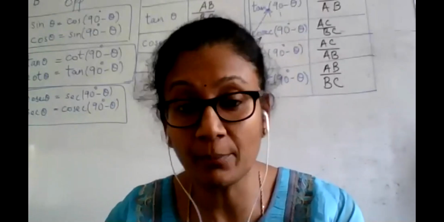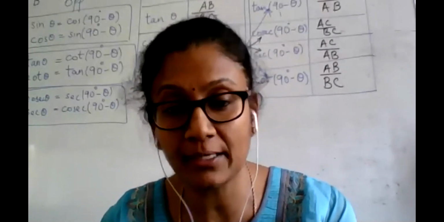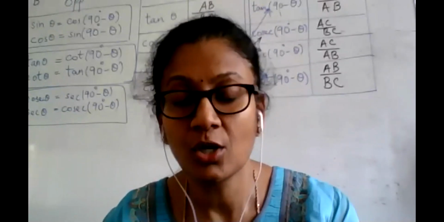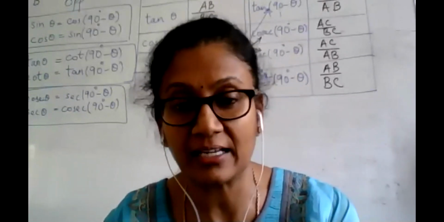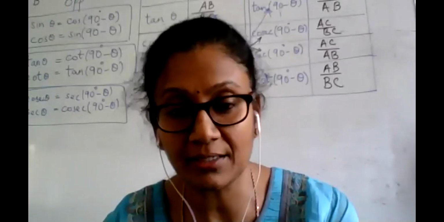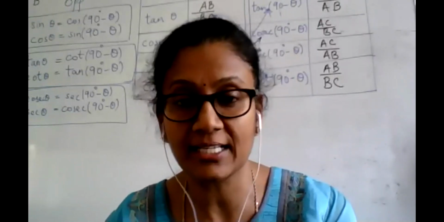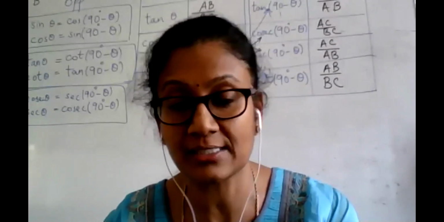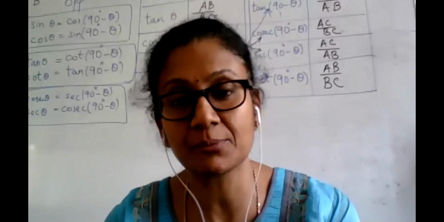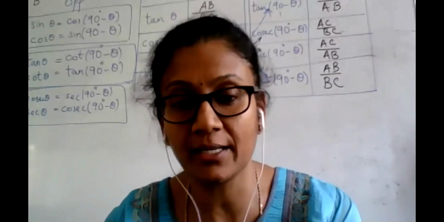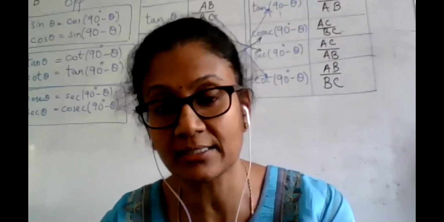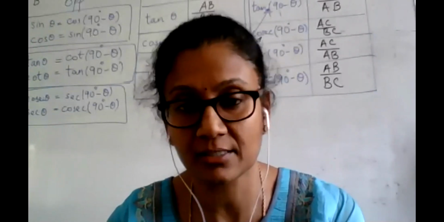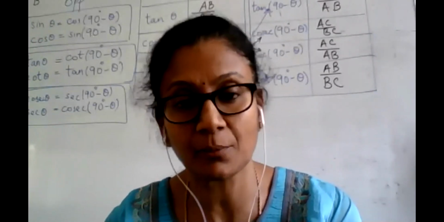Complementary ratios will come in combination with specific angles in section C. So we should know how to separate the specific angles, the ratios, and the complementary ratios, and use these ideas to complete a problem eligible for section C. Tomorrow we'll be taking up such problems with a combination of complementary angles, complementary ratios and specific angles, and how we can solve that.